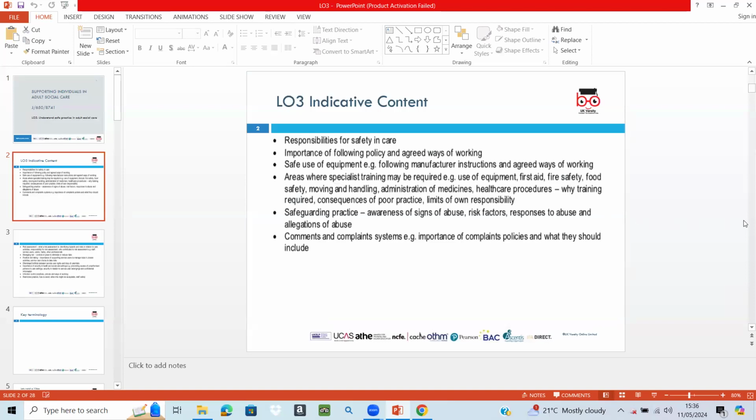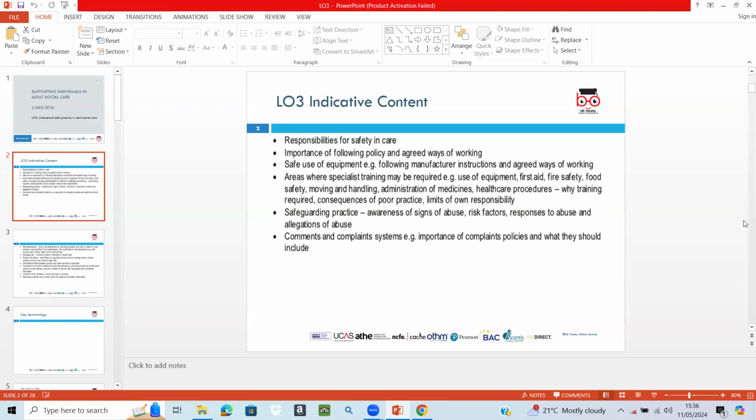In the next slide, we have a list of indicative content with a few bullet points. The first one is the responsibilities for safety in care. The second is the importance of following policy and agreed ways of working.